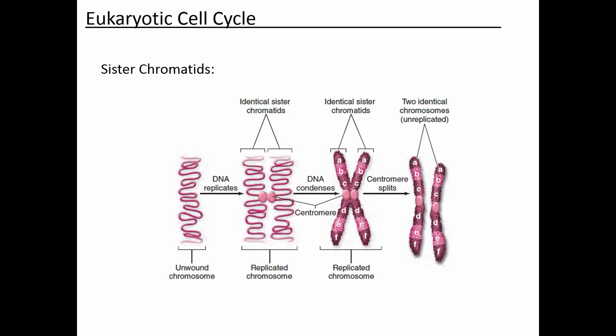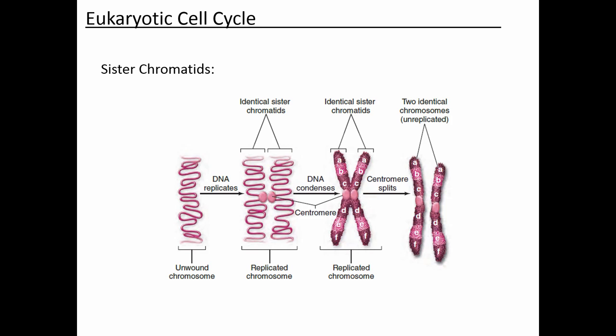We're also going to see that they condense, so they become more compact. Still sister chromatids. And then once you separate the two from each other, they're two separate chromosomes. Sister chromatids are identical to each other. That was another question that they asked you in the mitosis lab, and the answer was yes.